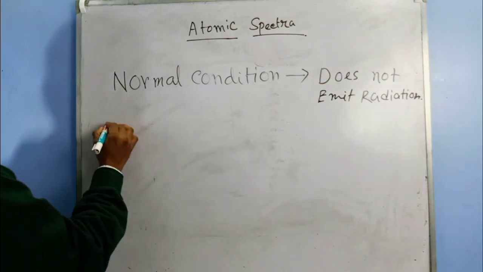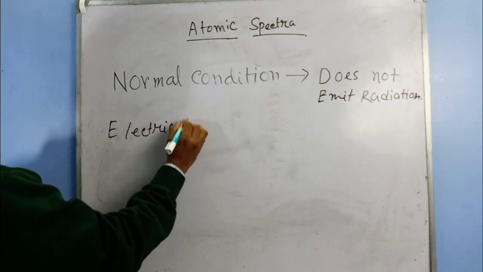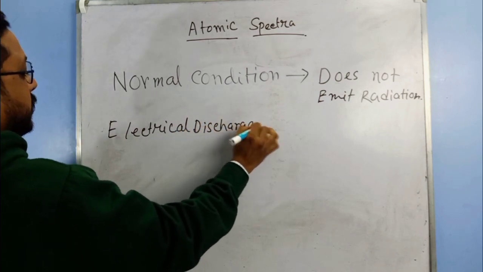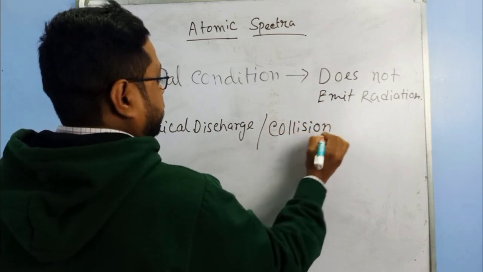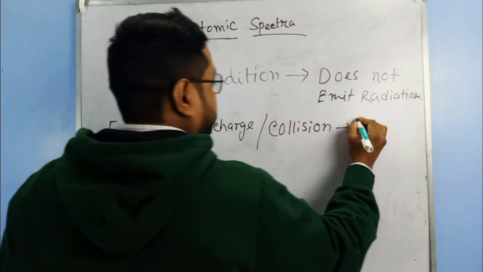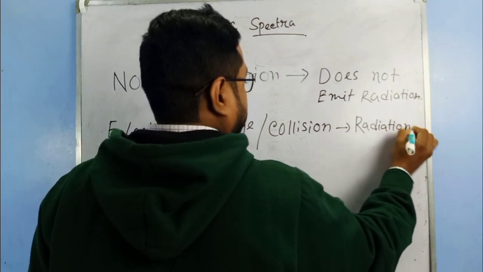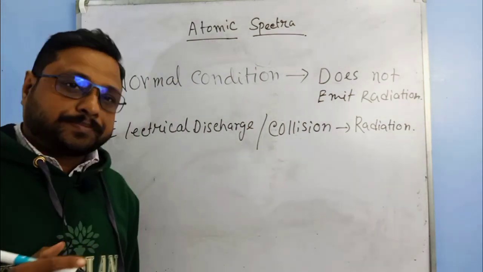But if, due to electrical discharge or collision of electron, it emits radiation. What is the cause of it?